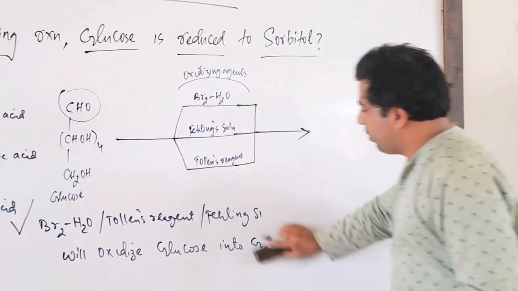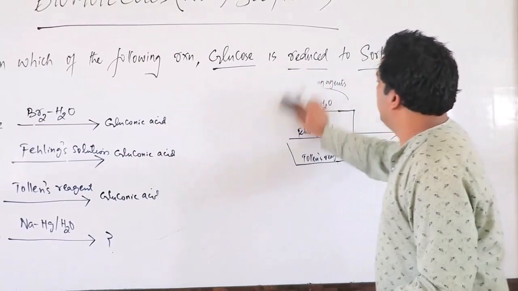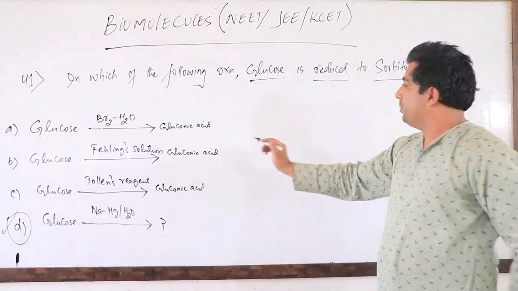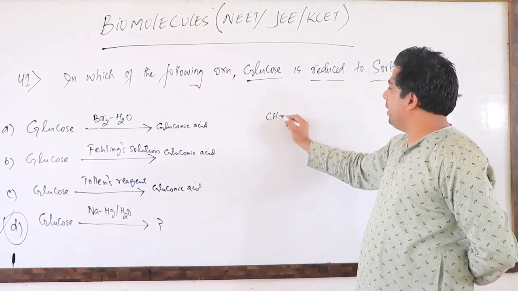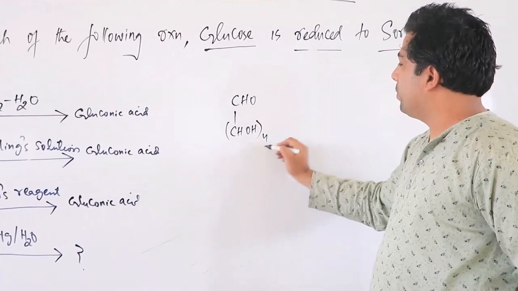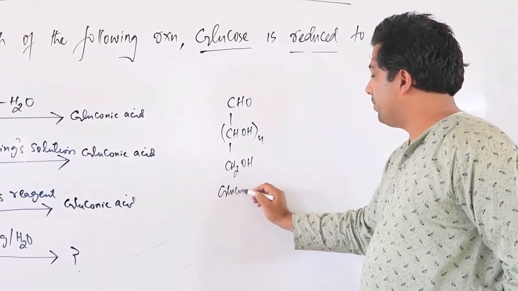So let's talk about the D option now, which is our answer. Have a look here. Let's talk about here now CHO, CHOH 4 times CH2OH. That is glucose.